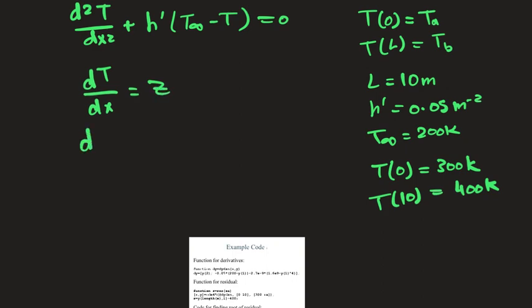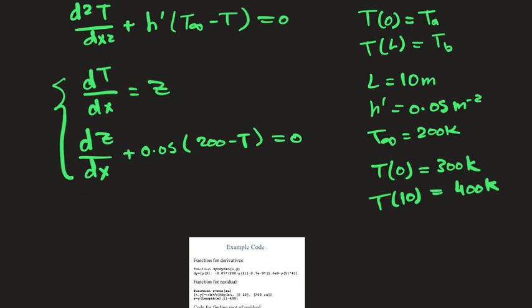And the second one is going to be dz by dx plus h dash, which is 0.05, multiplied by 200 minus T, that stays as it is, and this should be equal to 0. So these are the two differential equations that you need to solve.